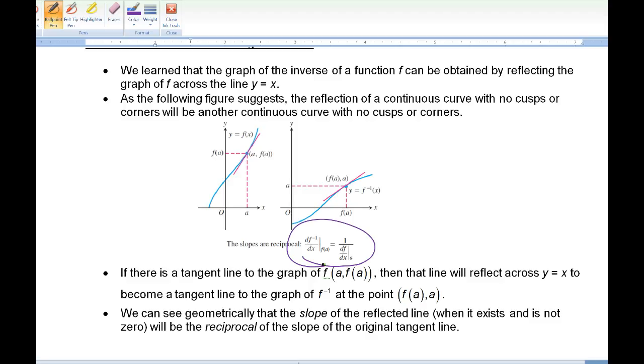So the derivative of the inverse evaluated at f of a is equal to 1 over f prime, the derivative of f, evaluated at a.